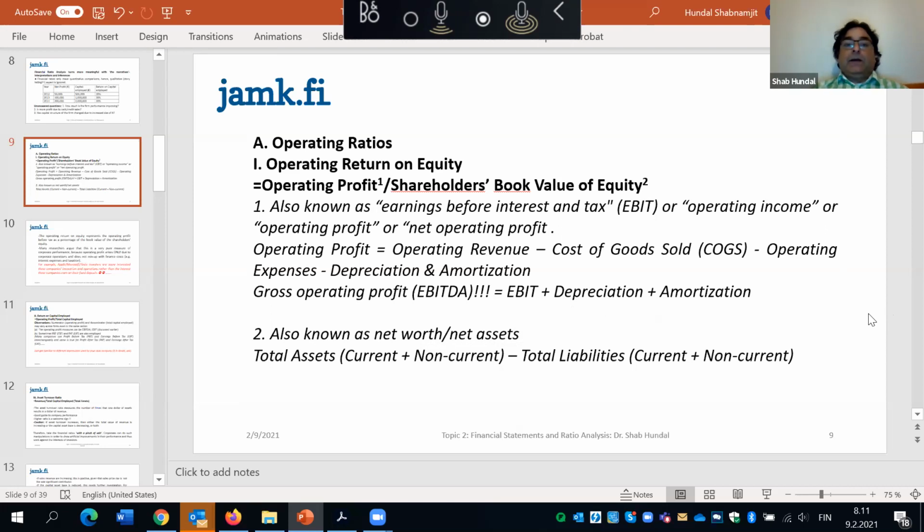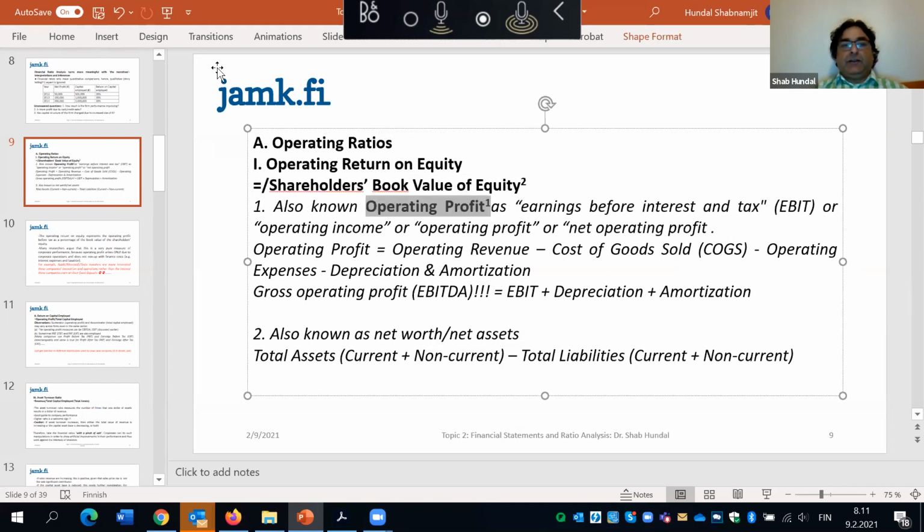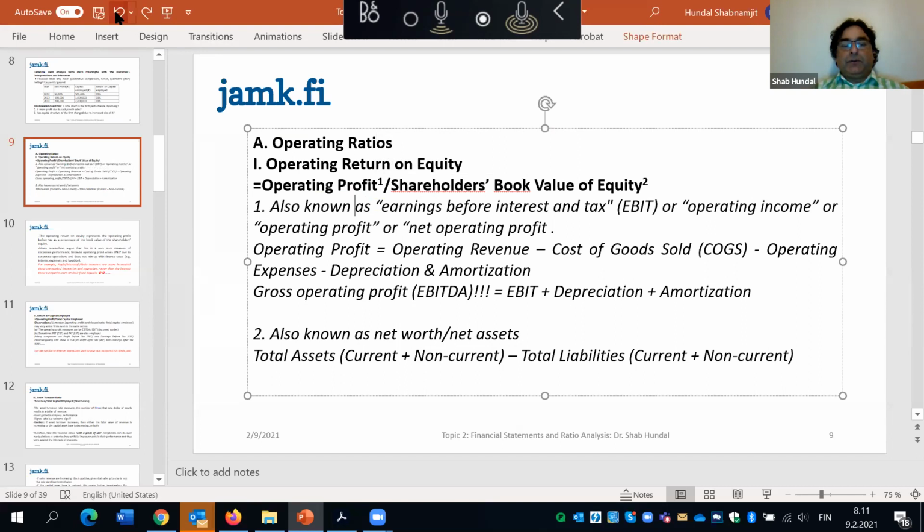Okay, the first term is operating profit. Operating profit is the profit which comes from the company's operations, basically. That's why we are more interested in the operating profit. Not many companies would write the words operating profit straight away.